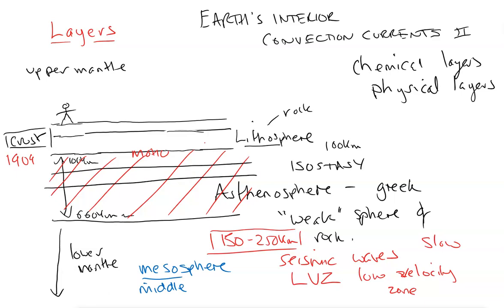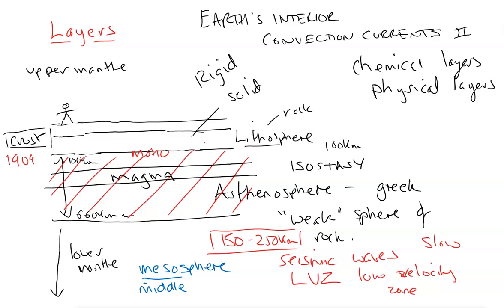And this is where we presume, we scientifically estimate, that a lot of the magma is created or resides within this layer. The crust and lithosphere above are solid and rigid. Rigid meaning it doesn't move.